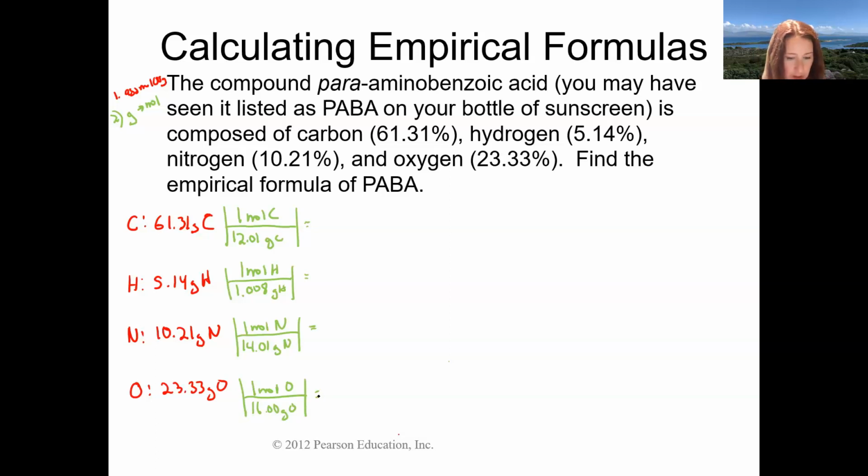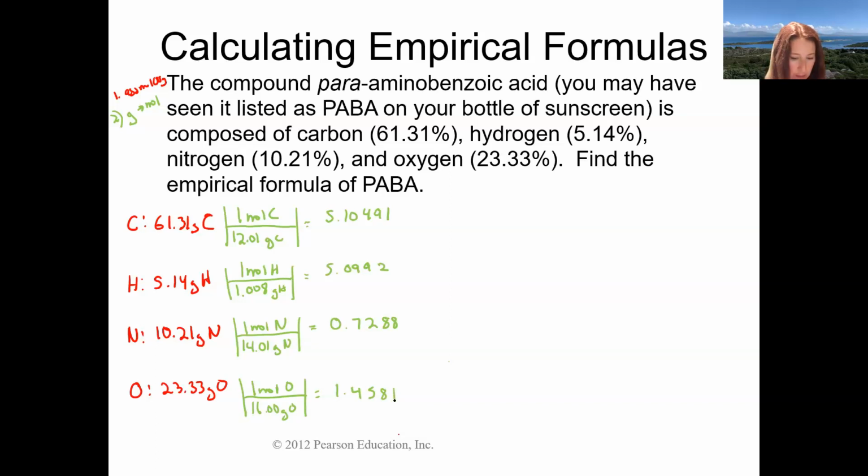So 61.31 divided by 12.01 is 5.10491, 5.14 divided by 1.008 is 5.0992, 10.21 divided by 14.01 is 0.7288, and 23.33 divided by 16 is 1.4581.